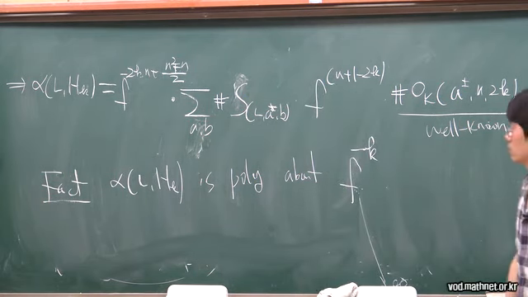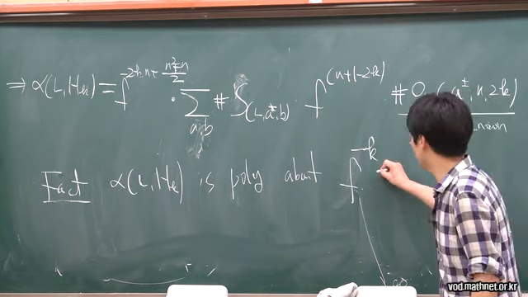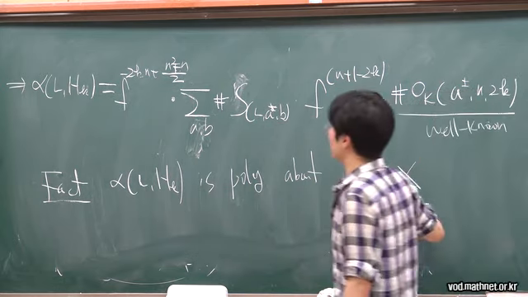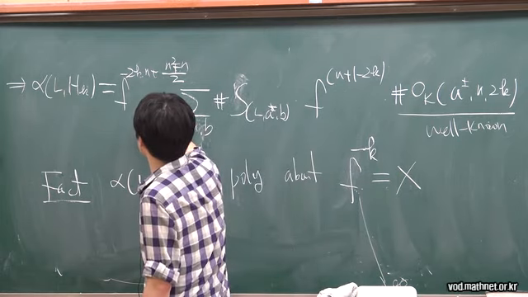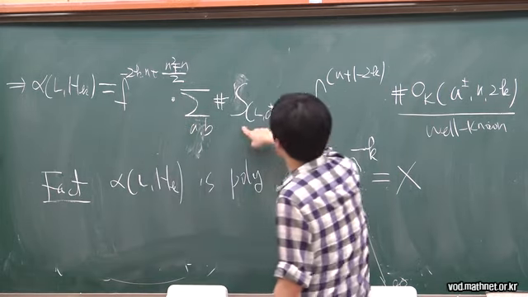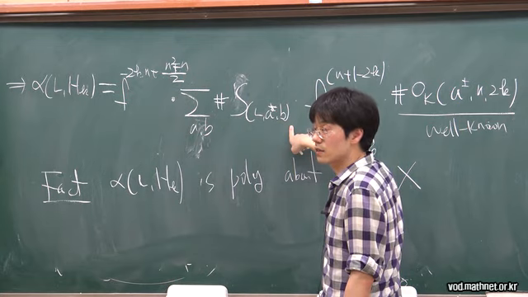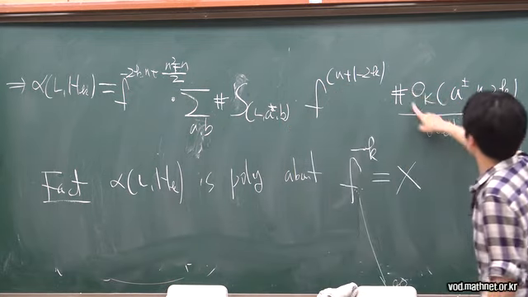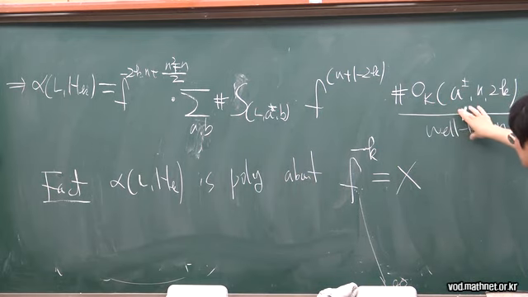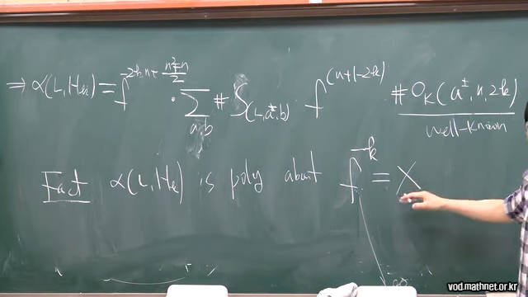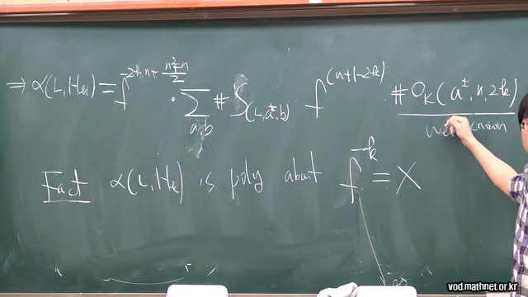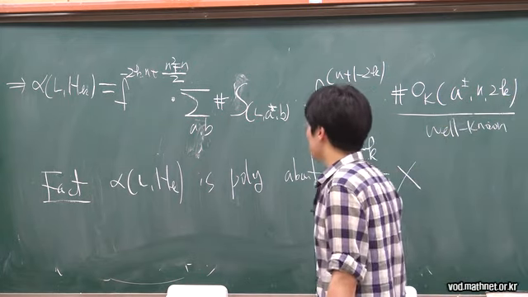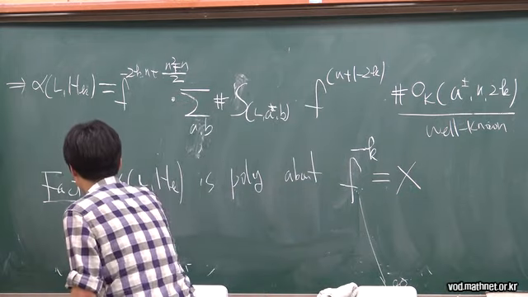So for example, if I denote this by X, then this part involves X to the 2n, and this is a certain constant, and this contains X squared. So this is completely expressed in terms of a certain polynomial in X, because we already know this very well. Okay. So this is the first fact, and now the second fact.